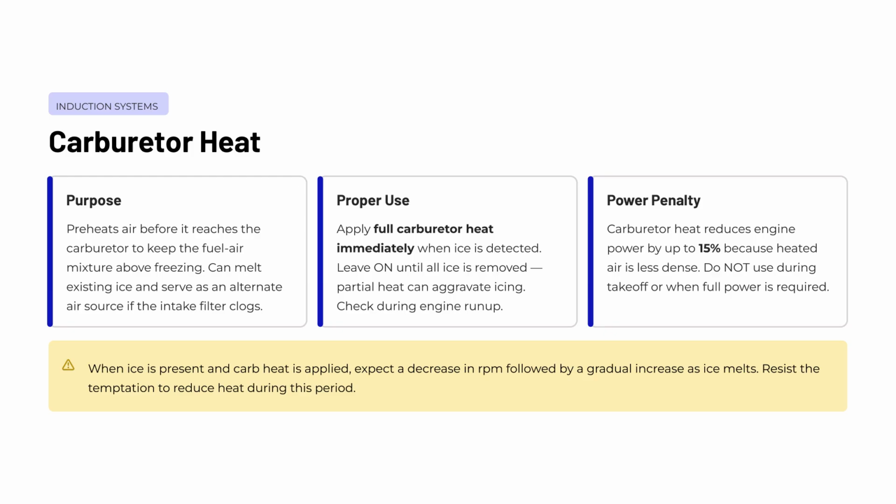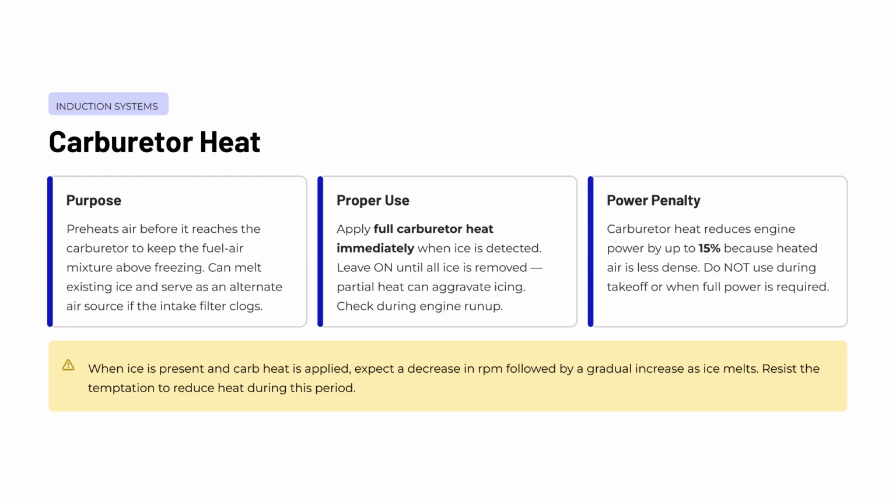Carburetor heat is one of the pilot's primary defenses against carburetor icing, and understanding how to use it correctly can be the difference between a routine flight and an engine failure. Its purpose is straightforward. It preheats incoming air before it reaches the carburetor, keeping the fuel-air mixture above freezing temperatures.